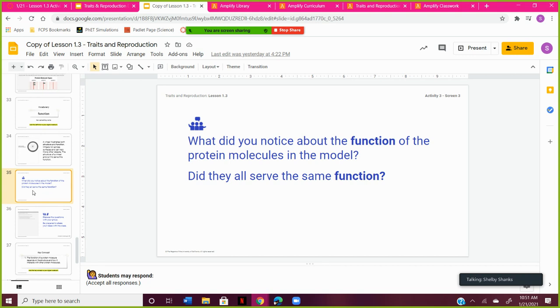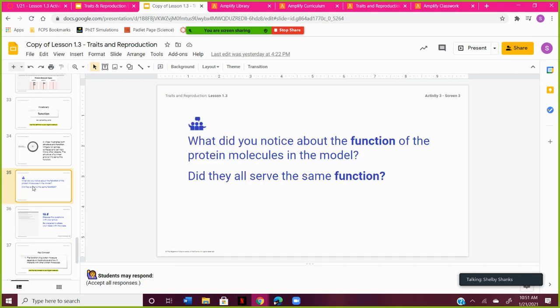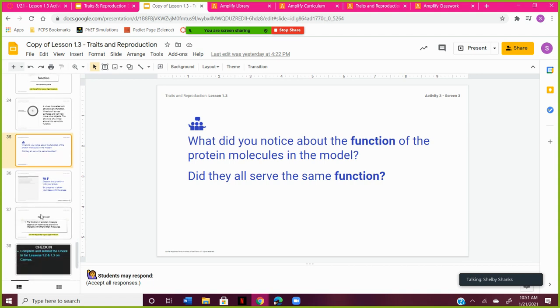All right, so this is the last question that I will give you guys, and then we're going to look at a key concept and we will be done. What did you guys notice about the function of the protein molecules in this model that Mr. Livingood was going over? And did they serve the same function?